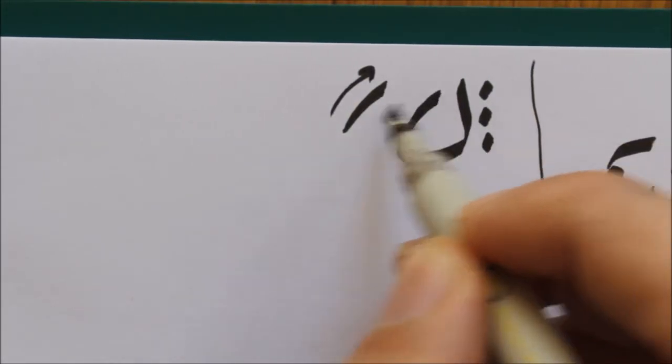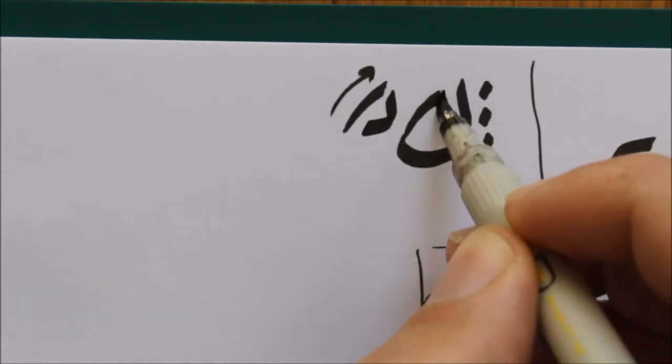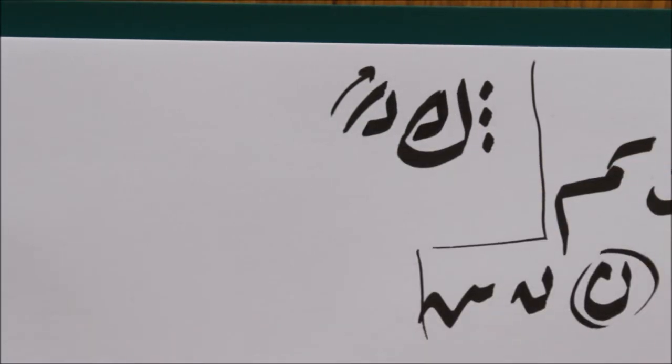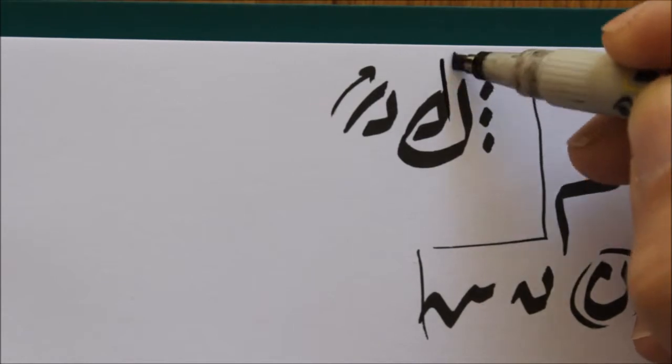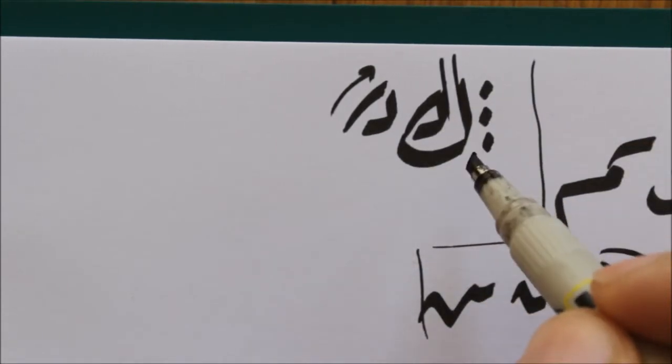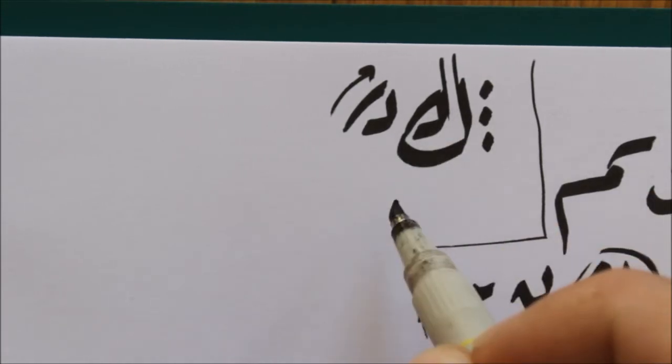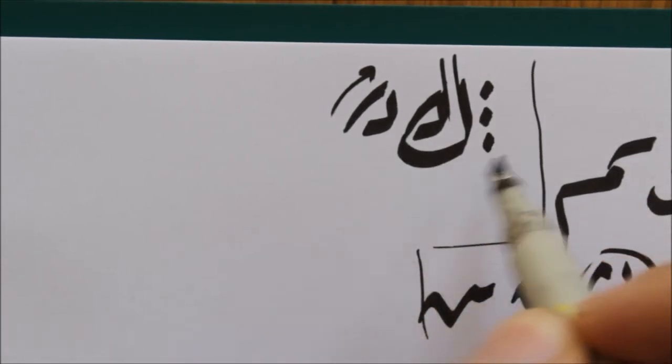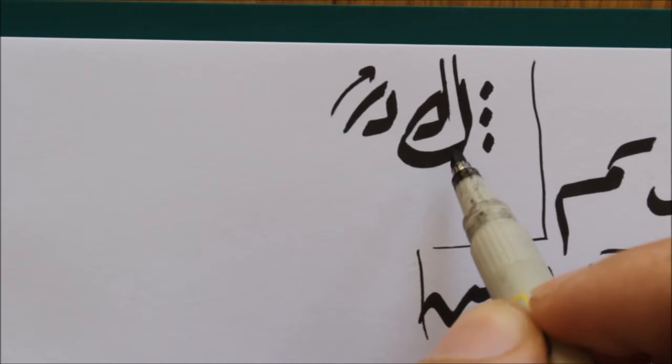Then we do a Dal, just like this. Keep in mind that these should have a gap between them. And the Kaf is big because it contains a Dal inside it. Don't be shy to make it this big. So this is the Kaf by itself.